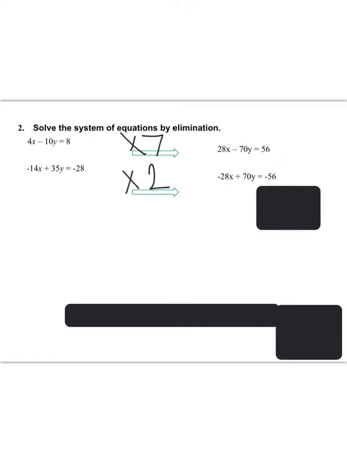So when I multiply the top equation by 7, I'm going to get 28x minus 70y equals 56. And when I multiply the second equation by 2, I'm going to get -28x plus 70y equals -56.